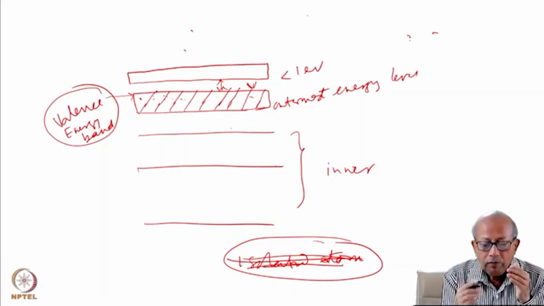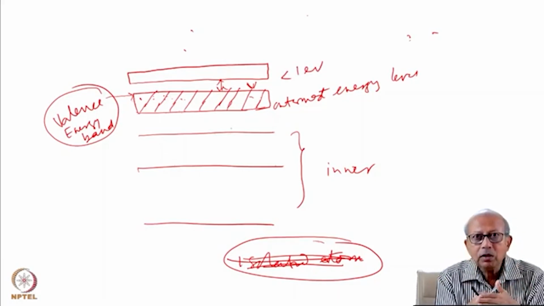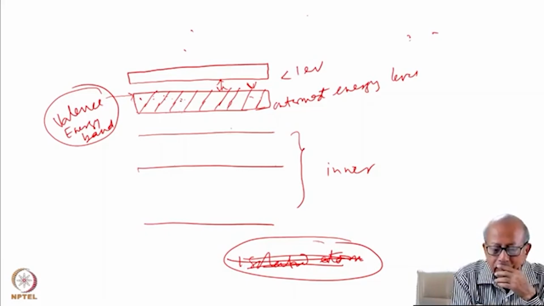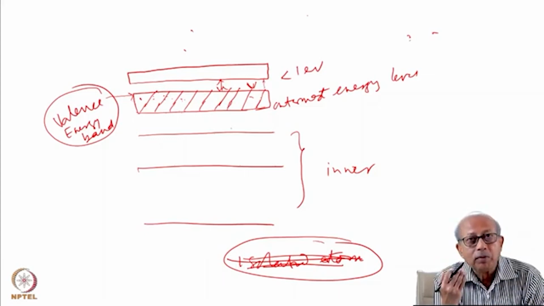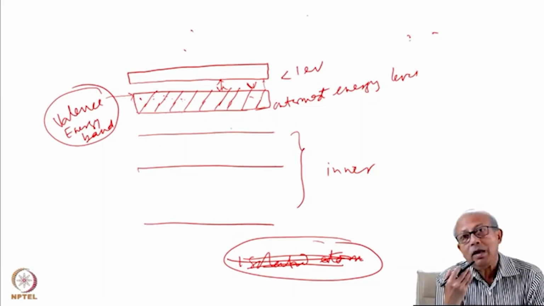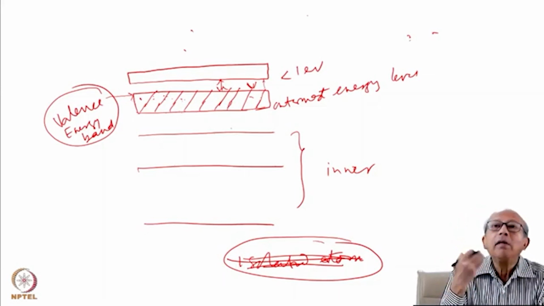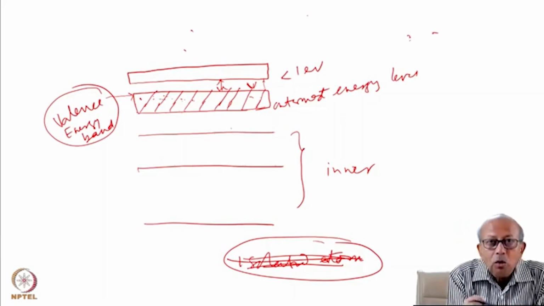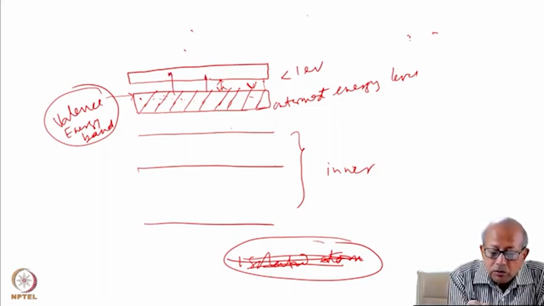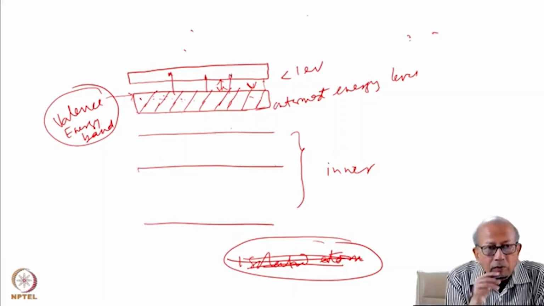And therefore, at low temperature, the electron may not have even that kind of energy to cross over. But as you raise the temperature, that is at ambient temperature or even a little higher temperature, a good fraction of the electrons will have enough thermal energy to cross over to the conduction band from the valence band.